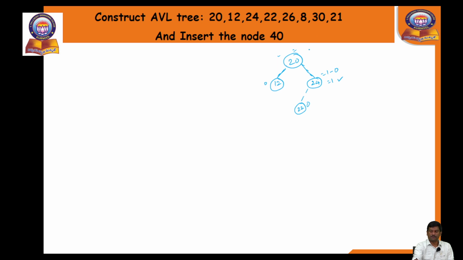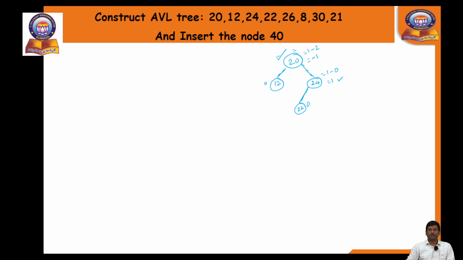The height of the left subtree is equal to 1, minus the height of the right subtree, that is equal to 2. So 1 minus 2 will be equal to minus 1. So this is also within the given range of the balance factor. And that is how we can connect node 22 to the left of node 24.